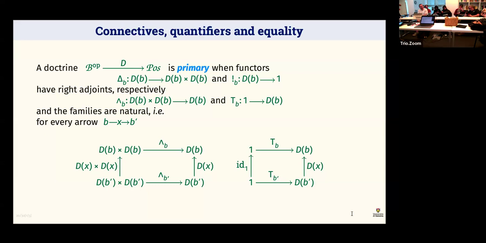So it's not that I add conjunction to a theory, as we will see. It's just that a theory has conjunction, yes. Are you implying that the diagonal is the image of the diagonal in B? Are you asking? Okay, so it's just the diagonal function from one poset to the product of the poset with itself.